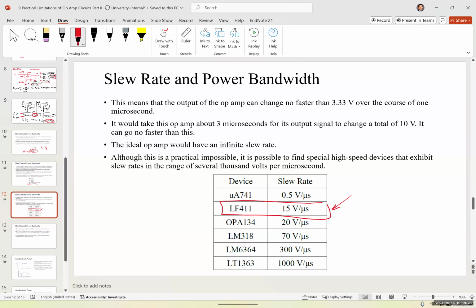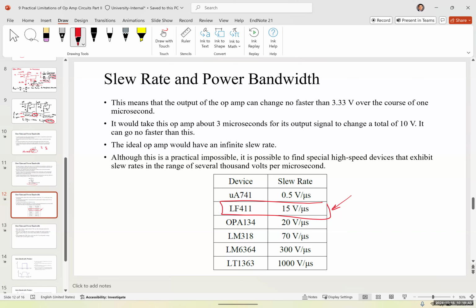What does this slew rate mean? For example, if you want to charge the system to 10 volts, for a 741 with a slew rate of 0.5 volts per microsecond, it takes 20 microseconds to go up to 10 volts.